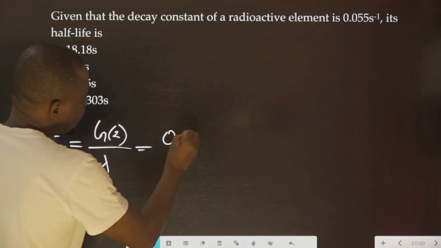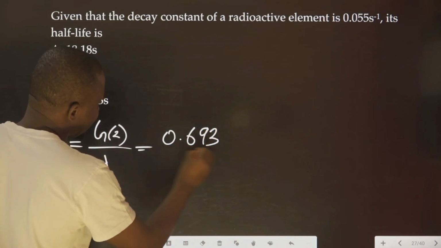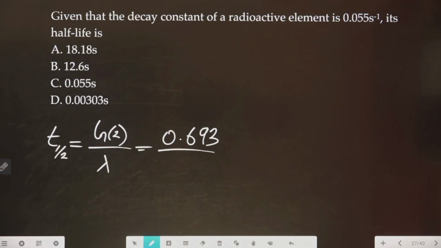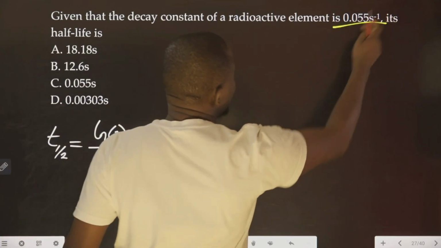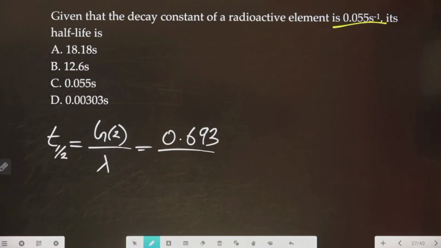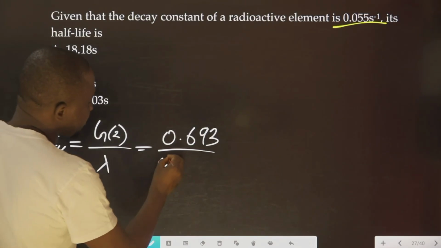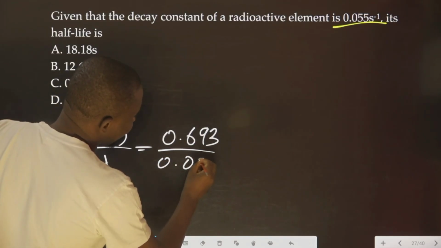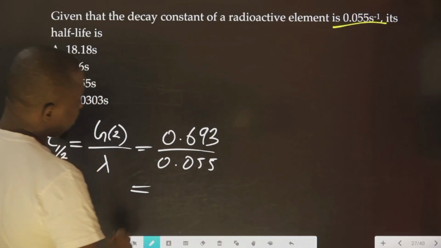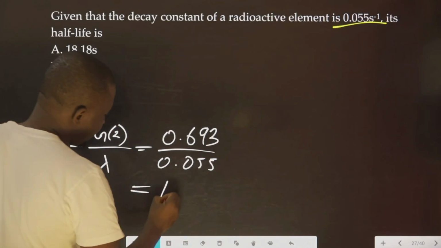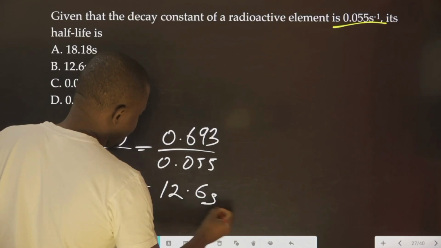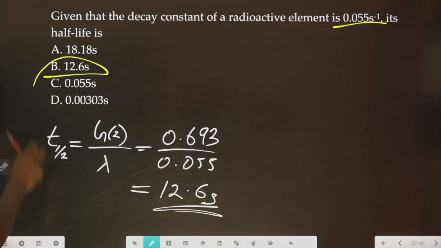This is 0.693. This is a constant value. You can't change it, okay? Now, we are given this value, that is 0.055. Approximately 12.6 seconds. That is this.